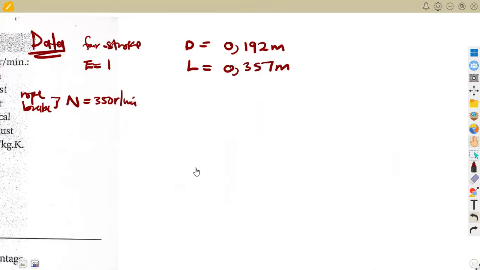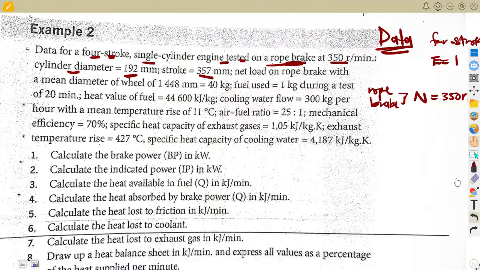All right, about the rope brake information, we are given the net load on the rope brake with a mean diameter of the wheel. So this is about the brake of the rope brake, not of the cylinder. We are given the diameter, which is 1,448 millimeters.